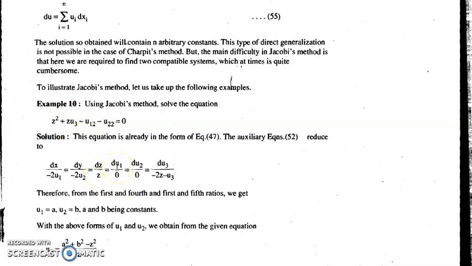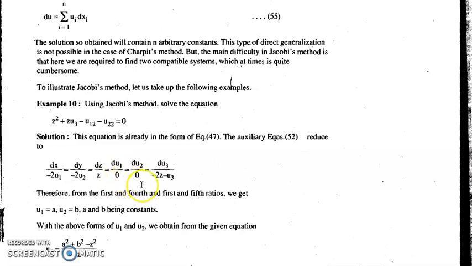Then du1/ the derivative with respect to x. x does not appear, so the derivative is 0. Then du2/ the derivative with respect to y, which does not appear, so it is 0. Then du3/ minus the derivative with respect to z, which will be −2z − u3. So this is your auxiliary equation.